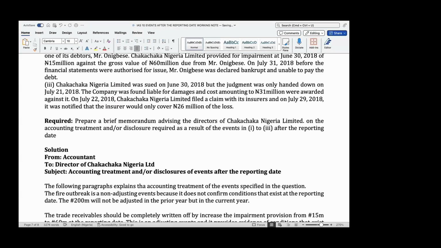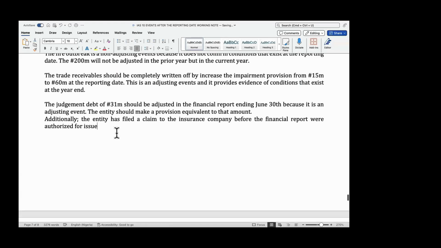And was it approved on July? Okay. And the insurer has also notified us of a 26 million coverage.